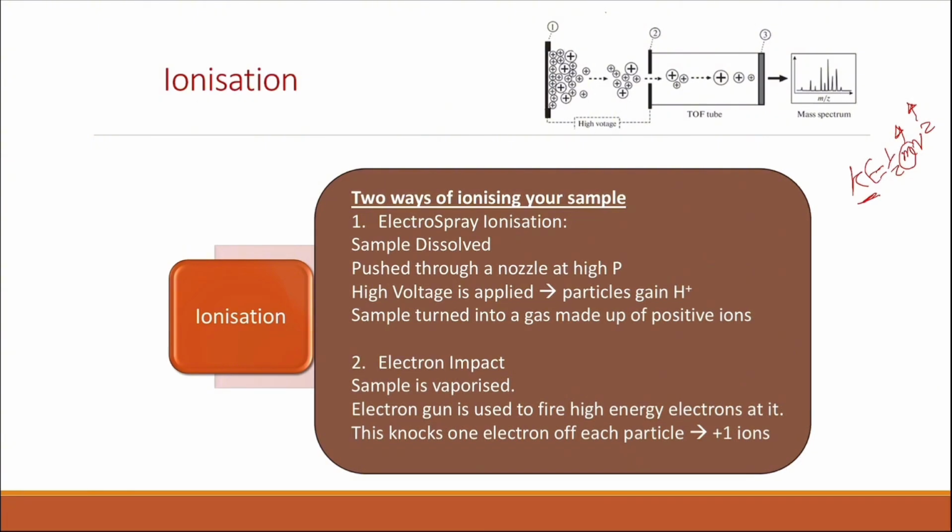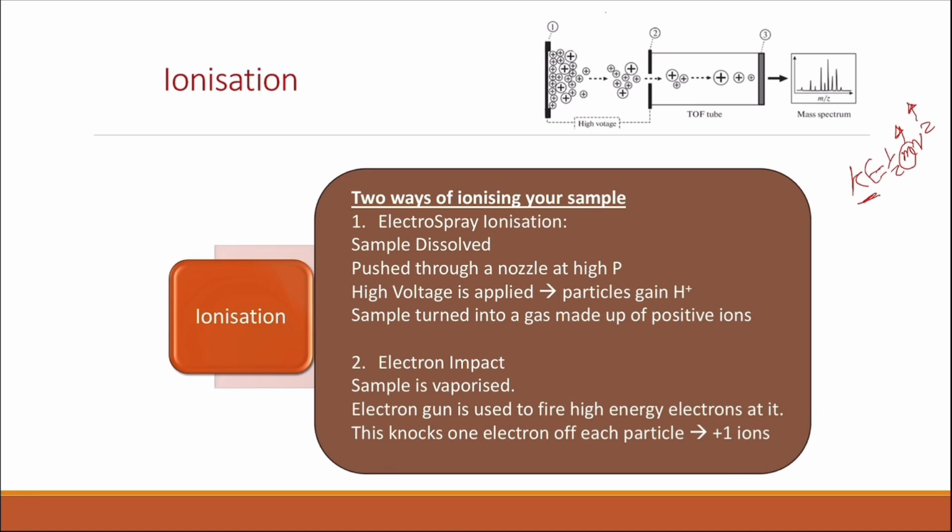So let's talk about the two different types of ionization based on what you need for the exam. We have two types, electrospray ionization and electron impact. In electrospray ionization, you dissolve your sample and push it through a nozzle at high pressure, and then you apply a high voltage. It's very important to refer to the application of the high voltage. What happens when you apply the high voltage?